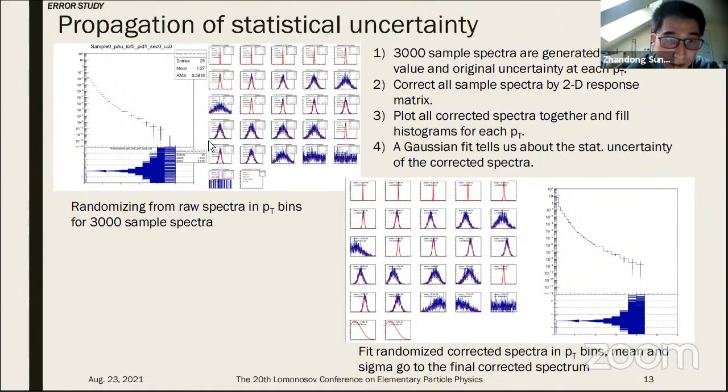At each pT, we fill those values into histograms. They follow a Gaussian distribution, and all these 3,000 sample spectra will be measured by our 2D matrix or by our simulated detector.